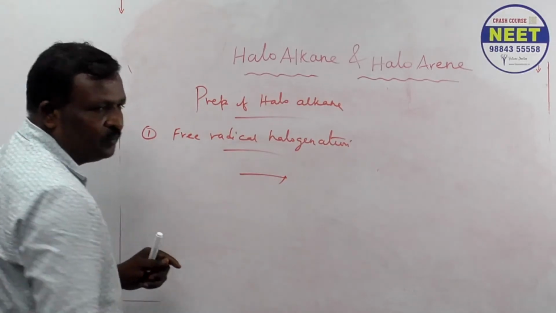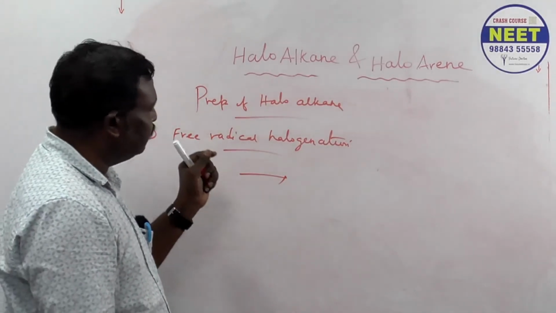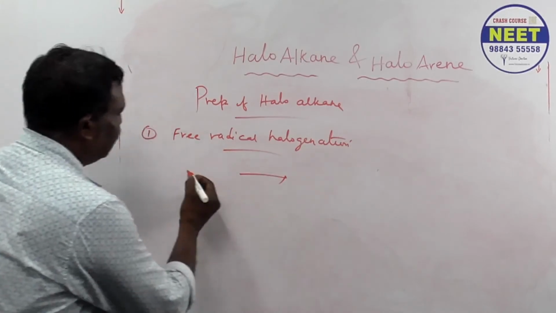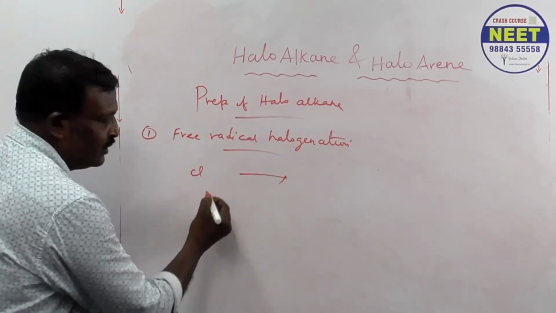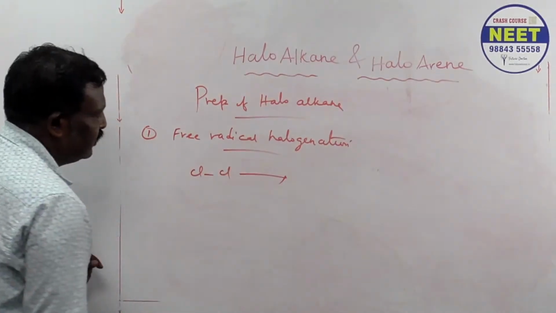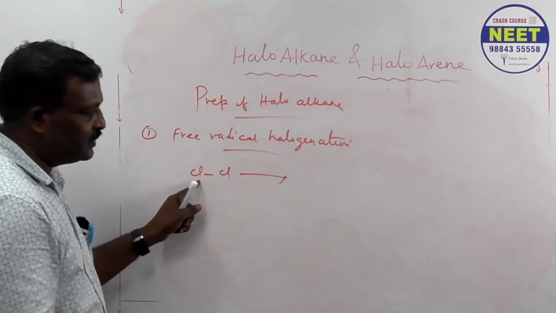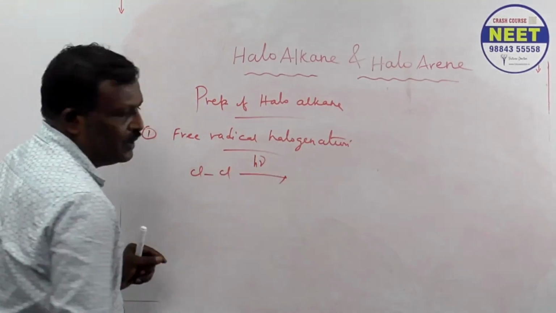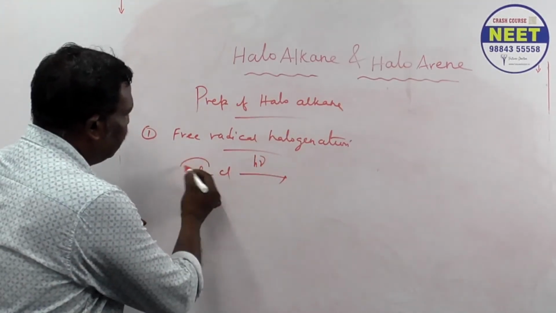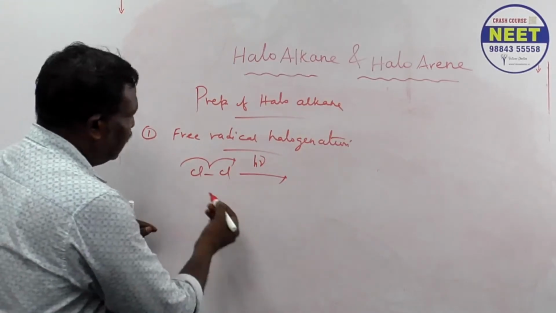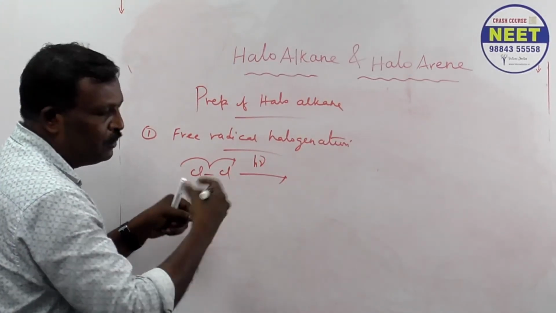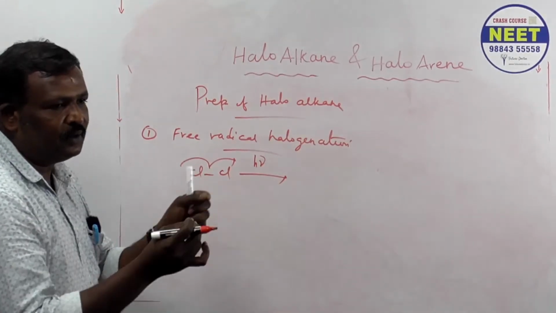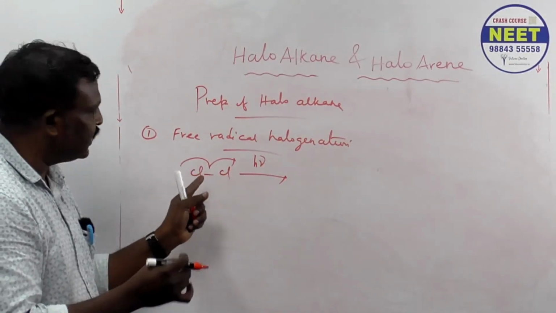What is a free radical? Suppose chlorine, Cl2, is there. I'll write it like this: Cl single bond Cl. When you apply some light energy, the bond will break. Actually, how is the bond formed? By mutual sharing of electrons between the two atoms, so it's called a covalent bond.